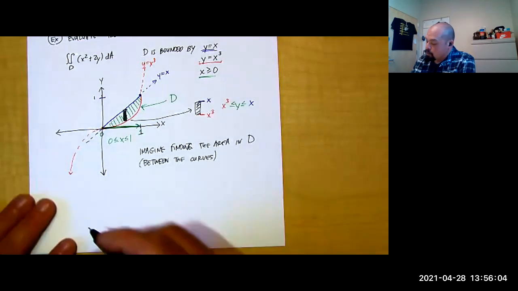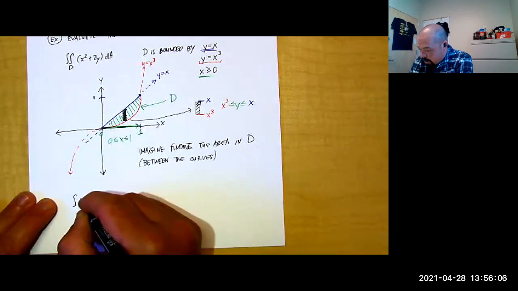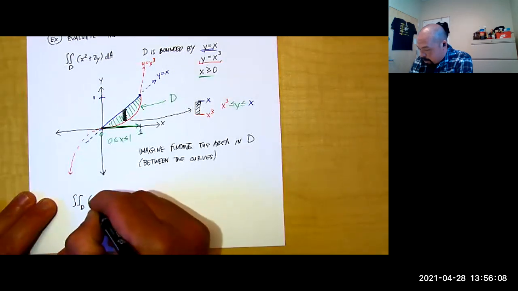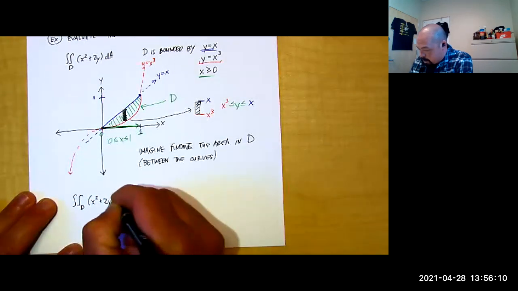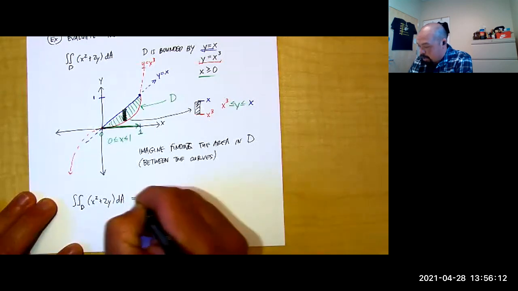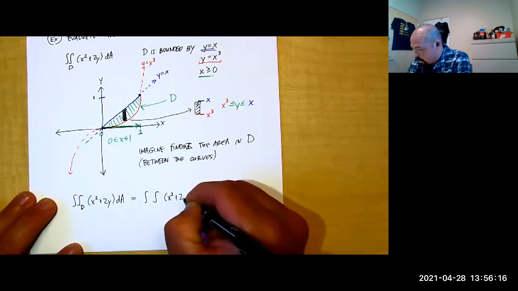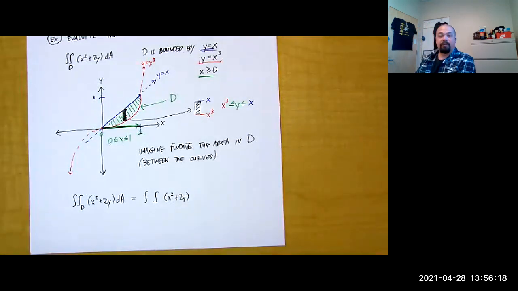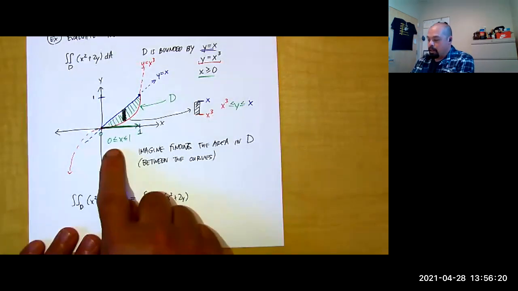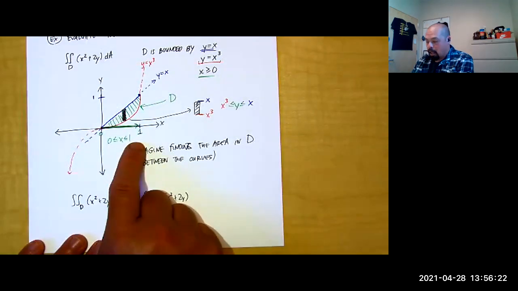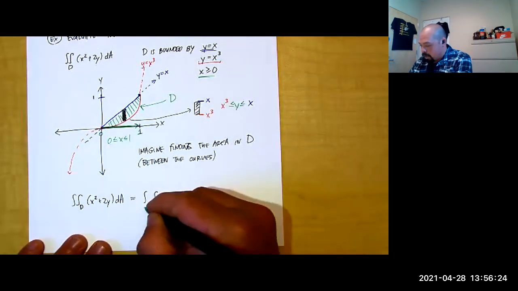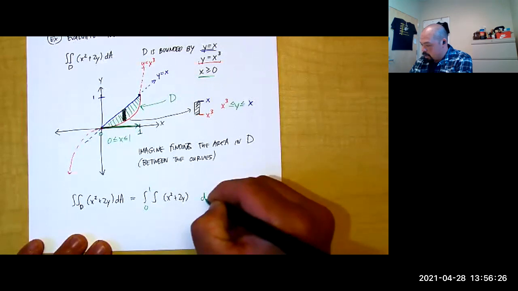So then, when it comes to building up this double integral, we can rewrite it. With my comment from before, the component that's solely constants goes outside: 0, 1, dx.